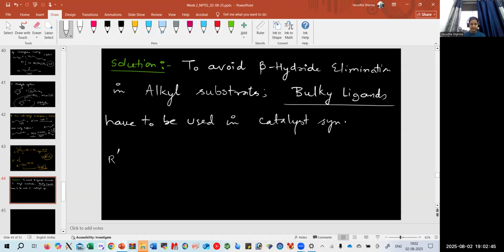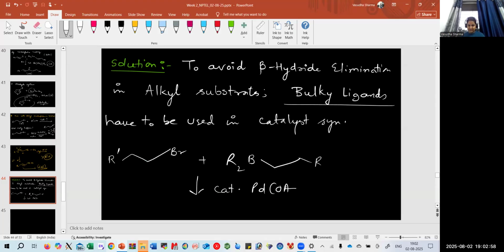For example, if I have now this and a boron center coupling. Now the catalyst I have used is palladium acetate, and my ligand that I'm taking is tricyclohexylphosphine.